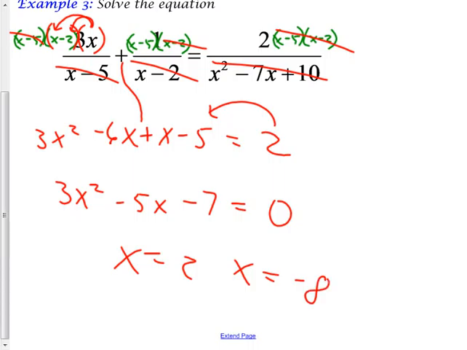What should I check for? Extraneous. Would one of these have failed? Yes, this one would fail, because as soon as I put the 2 in right here, it has a 0 on the bottom. So it doesn't work. Might look like it worked, but it's extraneous.